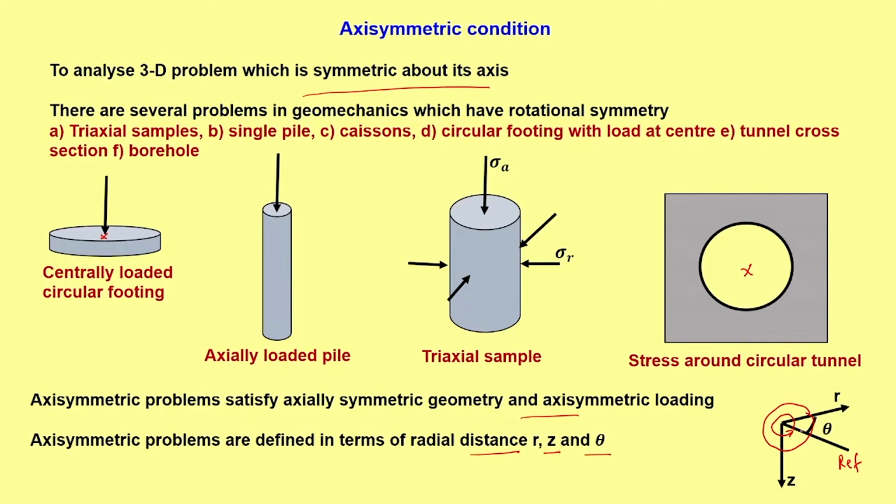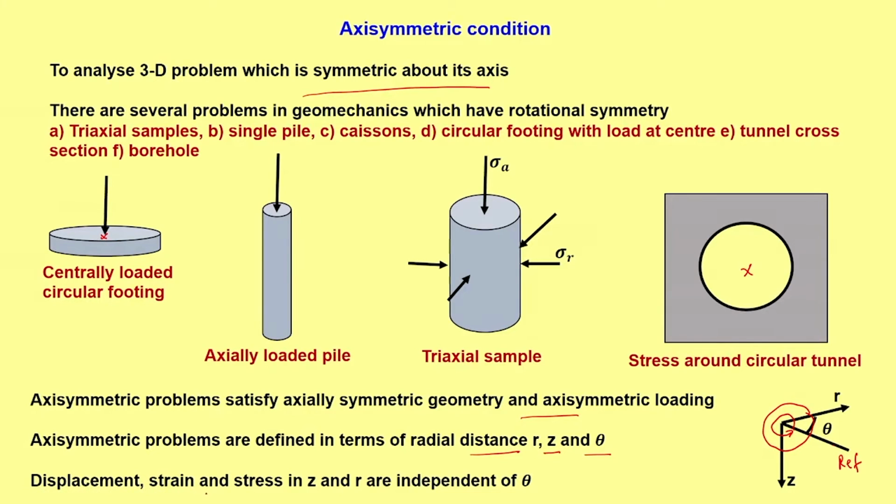The properties need to be the same as you go from here to 360 degrees. If this is considered as a plane and you rotate this plane from 0 to 360, nothing should change, neither the loading nor the geometry. Then we say that the axisymmetric condition is satisfied.